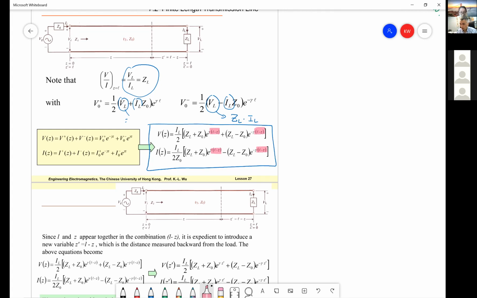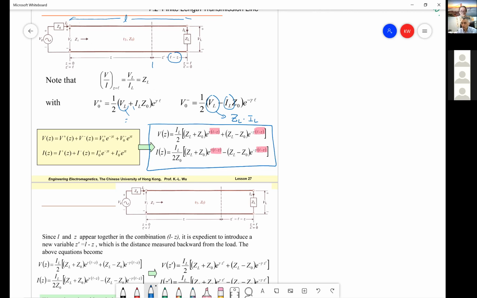L minus z means we have a total length of L, then we have this length z. The L minus z is this distance.